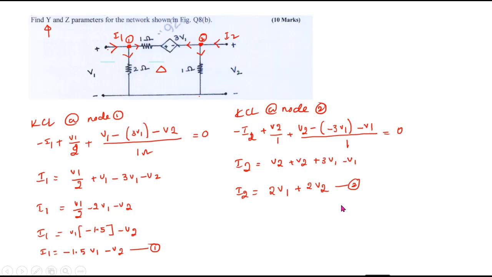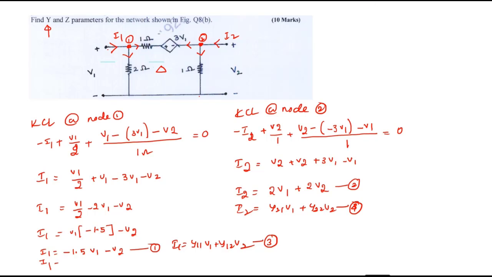Good. Now let us compare these equations with the standard equations. Let us compare equation number 1 with I1 equals y11 into V1 plus y12 into V2. Let us compare equation number 2 with I2 equals y21 into V1 plus y22 into V2.